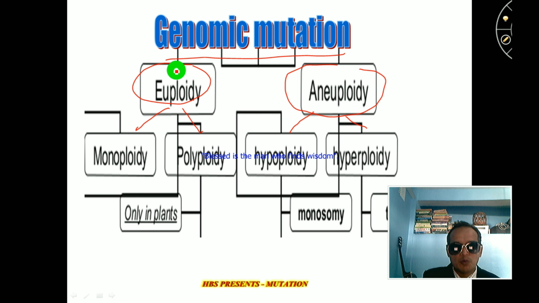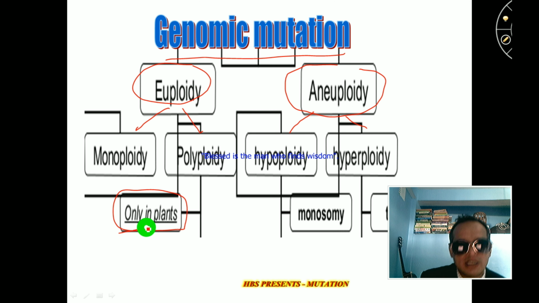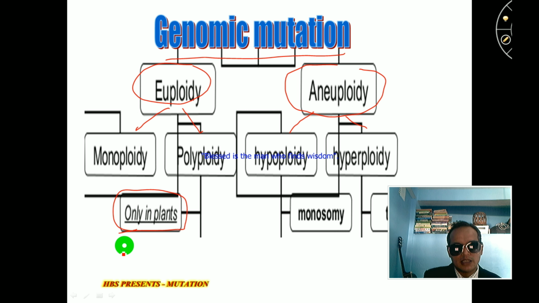Euploidy generally occurs in plants. I'm not saying that it doesn't occur in animals, of course it does occur in animals too. Like you must have heard about the male bees.